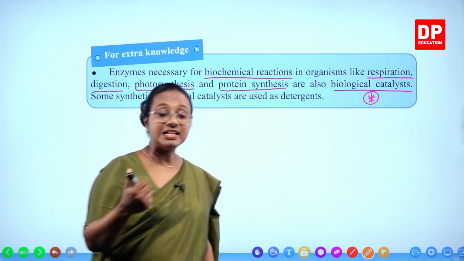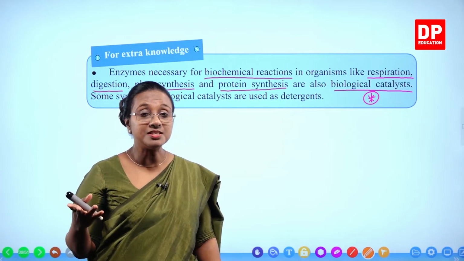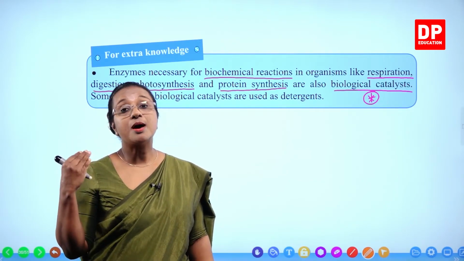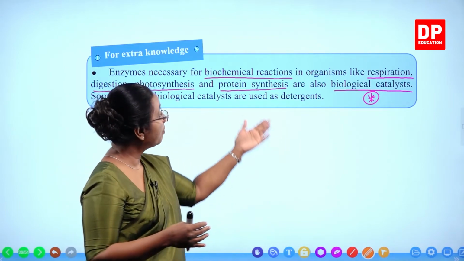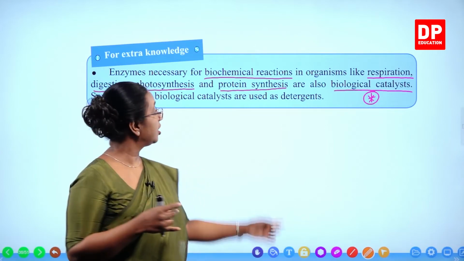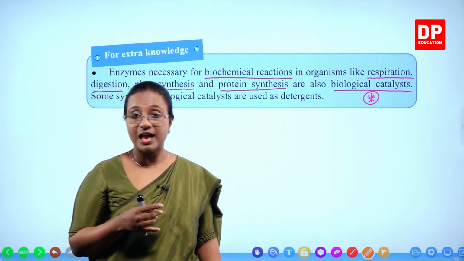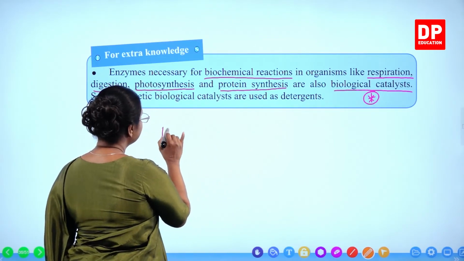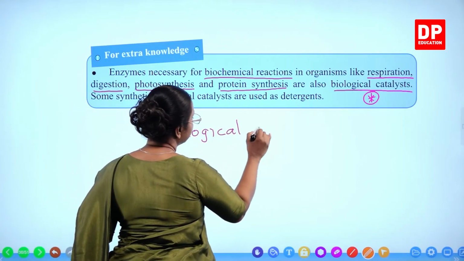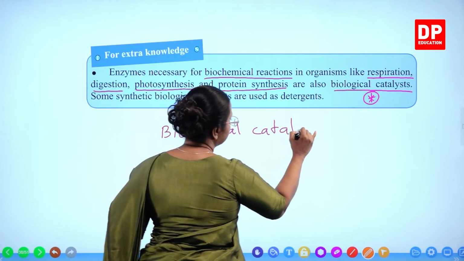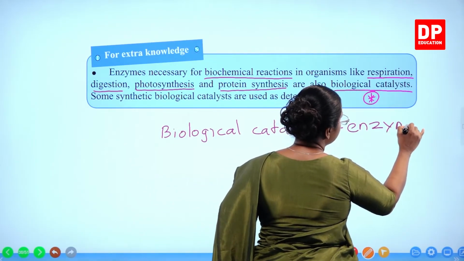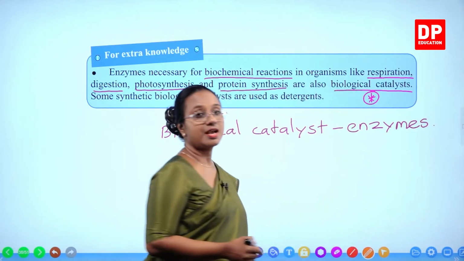So we saw catalysts that were chemical substances. Enzymes are biochemical catalysts, or biological catalysts, which increase the rate of biochemical reactions. So biological catalysts are known as enzymes. We have discussed enzymes before also.